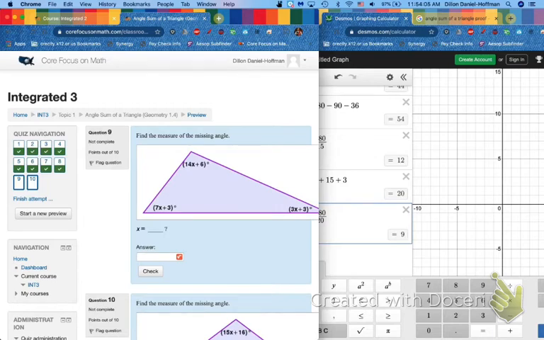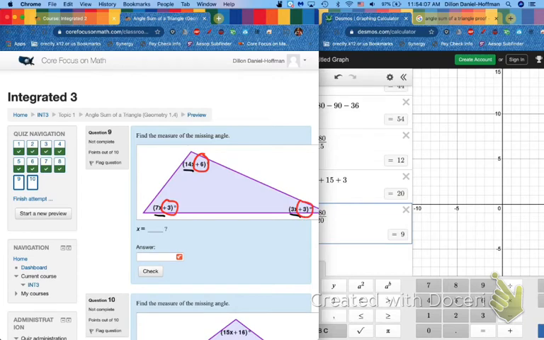For now, we have to combine like terms to solve this algebra problem. So I have the like terms of my x's, 14x, 7x, and 3x. And I have the like terms of my numbers that don't have x's. I have my positive 6, positive 3, and positive 3.